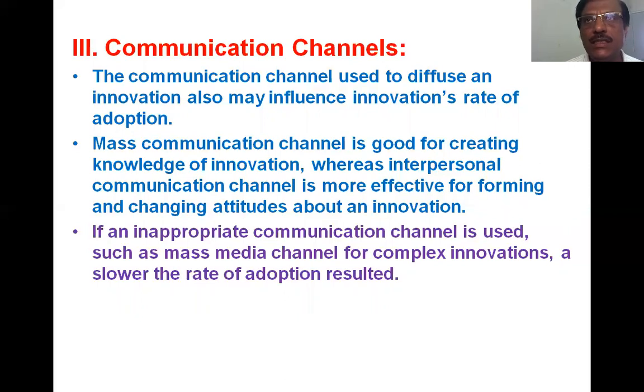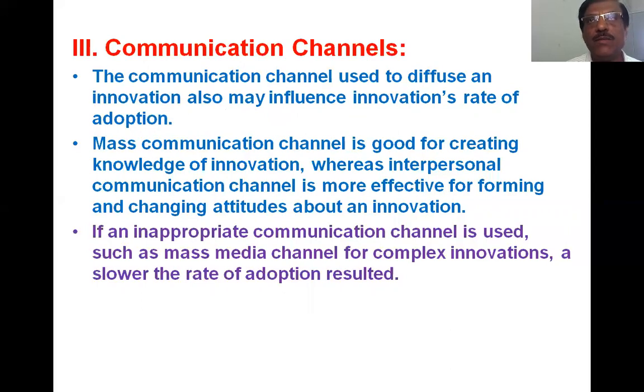These are the types of communication methods, or teaching methods, that we use as communication tools for transfer of technologies. The communication channels used to diffuse an innovation may also influence its rate of adoption. So which type of channel?